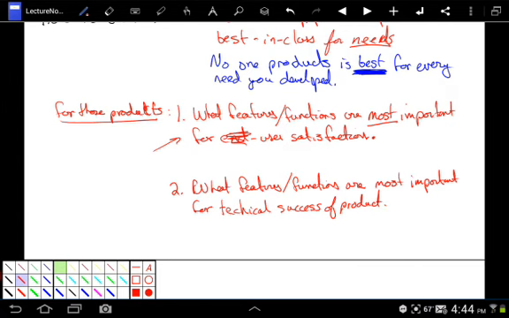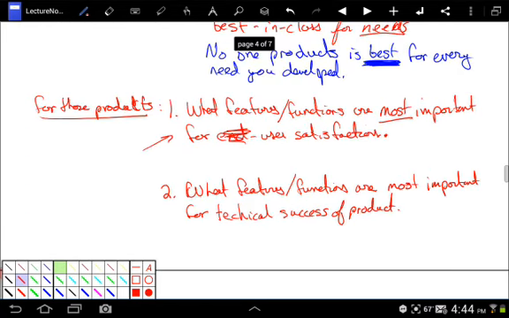Right? So these are features that help this product meet what you think its engineering functions are, right? So you're kind of doing some guesswork here. You don't know what those engineering functions are, but you're trying to guess what features help it do that.